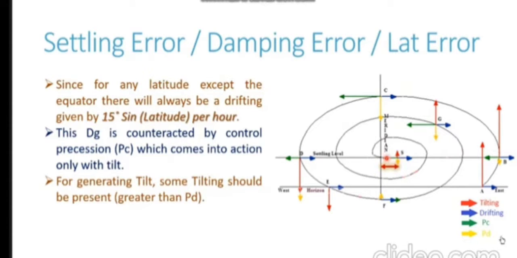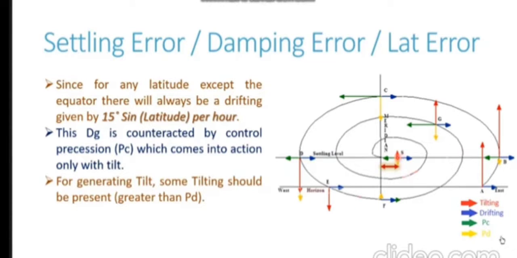You see the green color arrow, which is counteracting or cancelling the drifting. Why do we need to cancel the drifting? Because we want our spin axis to settle down. If the drifting is not cancelled or counteracted, the spin axis will keep on moving in the easterly direction under the effect of drifting. So we have to cancel it by control precession.